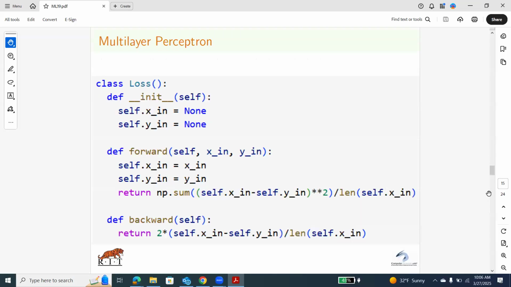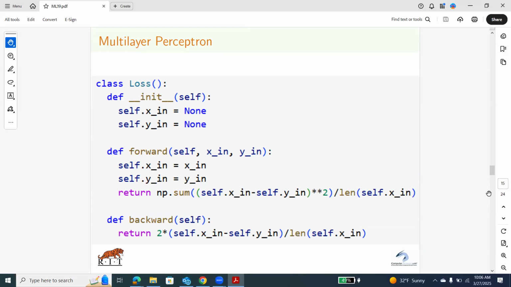And this is how it looks in code. In the forward mode, we calculate this loss function. I don't know why I didn't use np.mean. I used np.sum and divided by n. The sum of squared differences between inputs. Here, x denotes the input into our layer, not the inputs into our model.